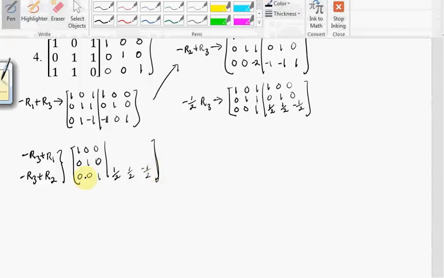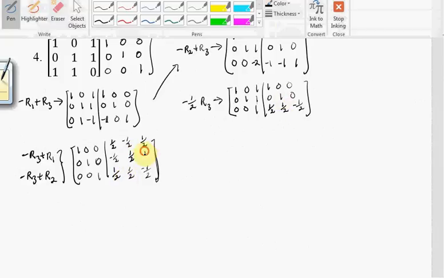So let's see. We said negative row 3 plus row 1. So this is negative 1/2 plus 1. We get a 1/2 there. Then it's negative 1/2 plus 0. It's just negative 1/2. And then this is positive 1/2. Then negative row 3 plus row 2. So this becomes negative 1/2. We get negative 1/2 plus 1 is just 1/2.